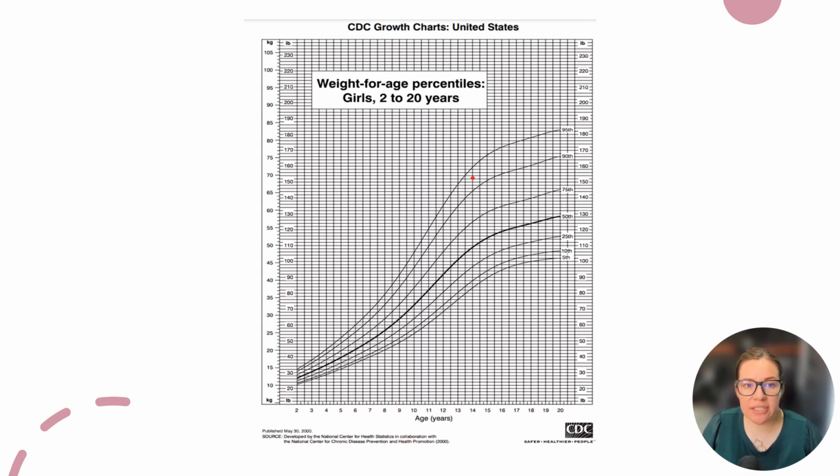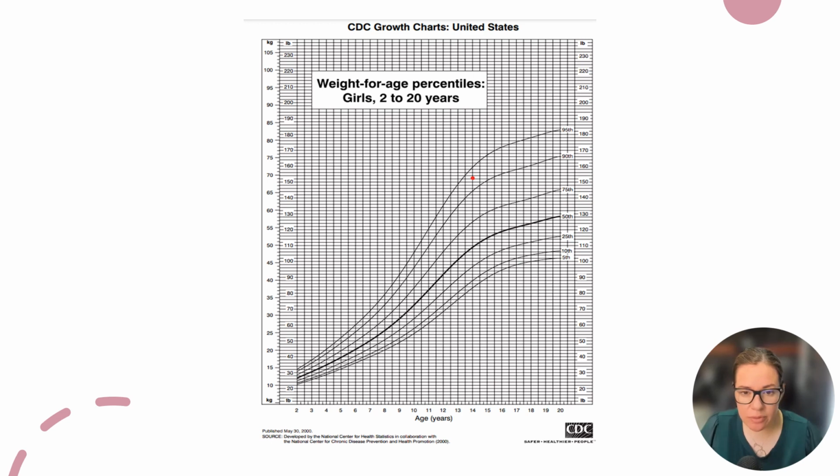In this slide, I have an example of the percentiles and how it has to look. This is based on girls from 2 to 20 years old, from the CDC. The way you measure is putting the age at the bottom, 14, and then you look for the weight.